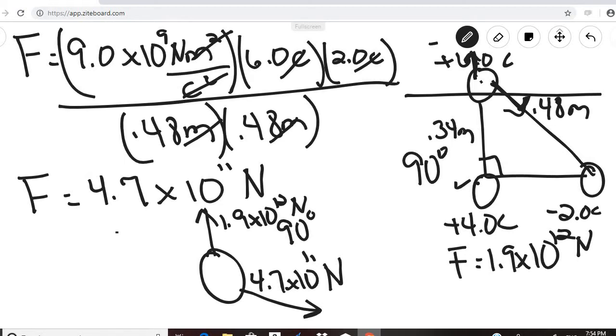If we went all the way around, it would be 360, so it's going to be 360 minus this 45, which is 315. So this would be 315 degrees.